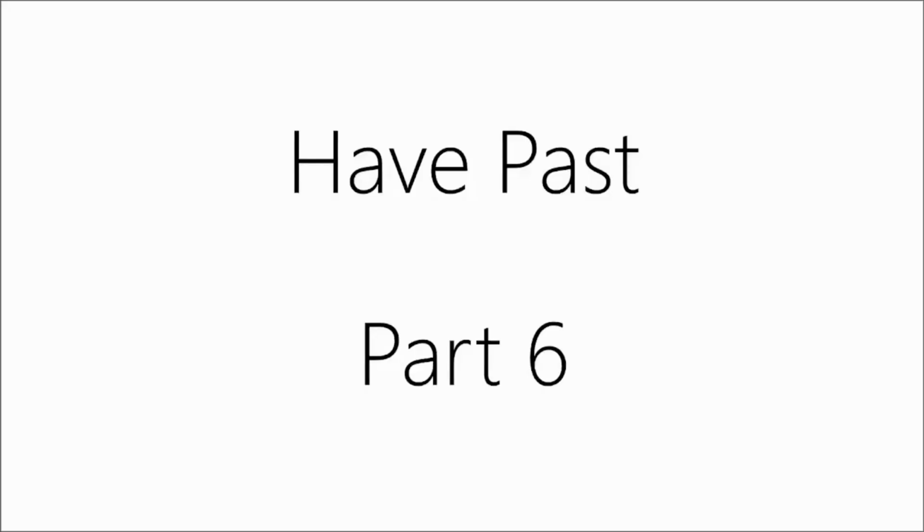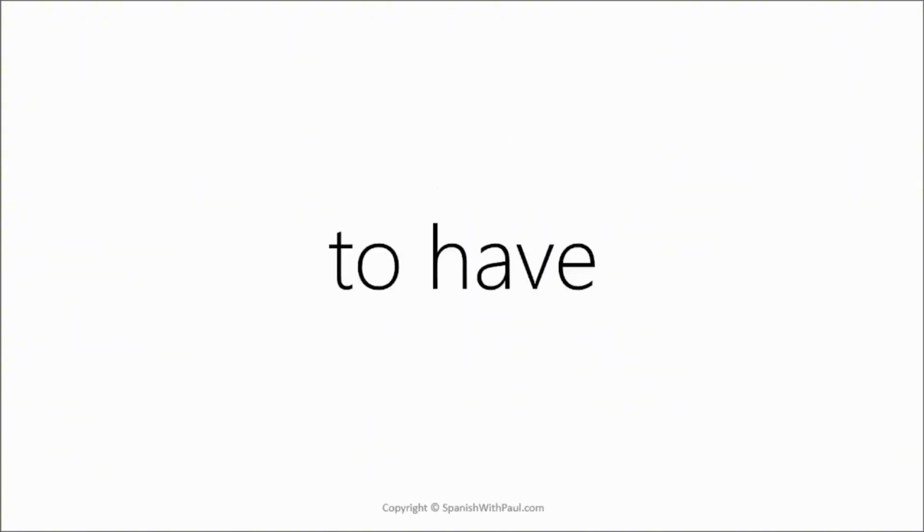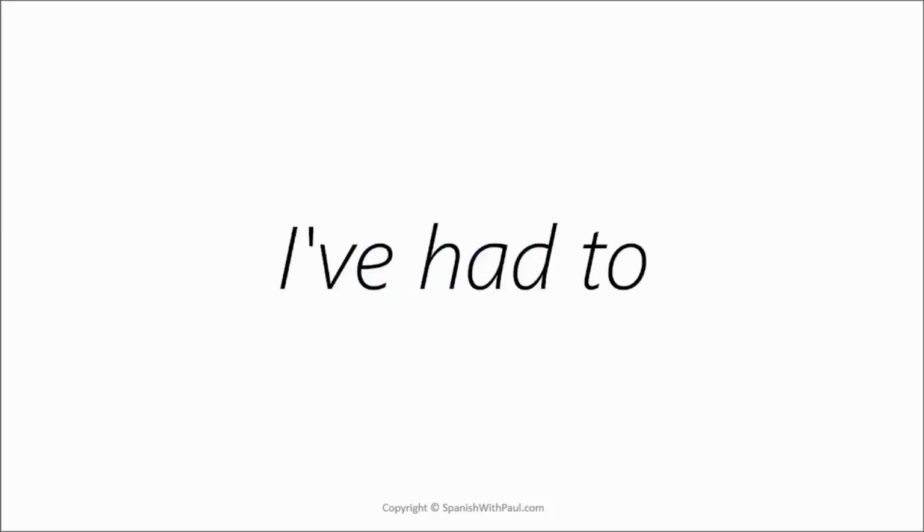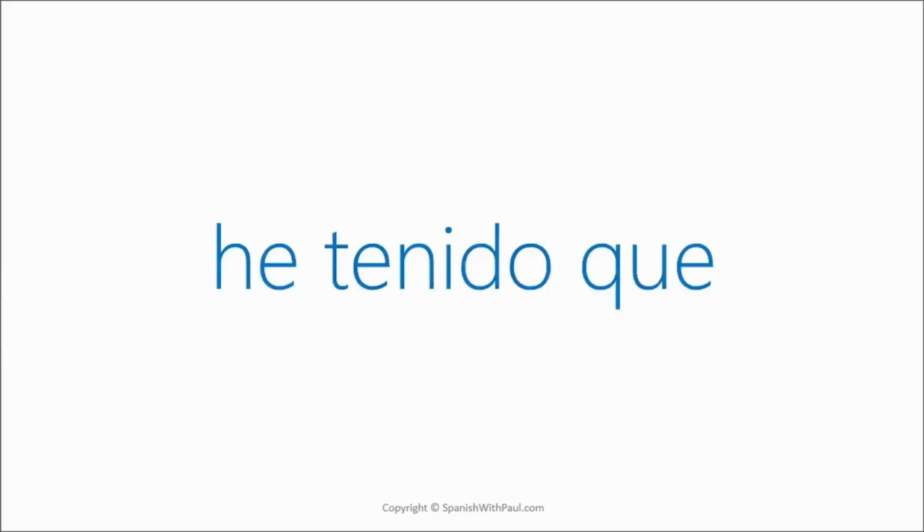In part 6, I'd like to return back to the verb to have, which is tener. This is the one that we use most of the time. But we can use this with the have past in order to form the phrase I've had to. This would become he tenido que.